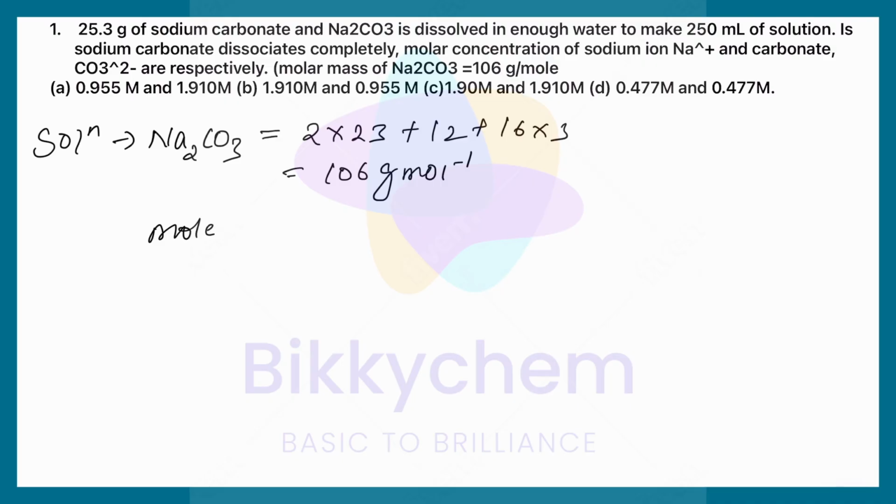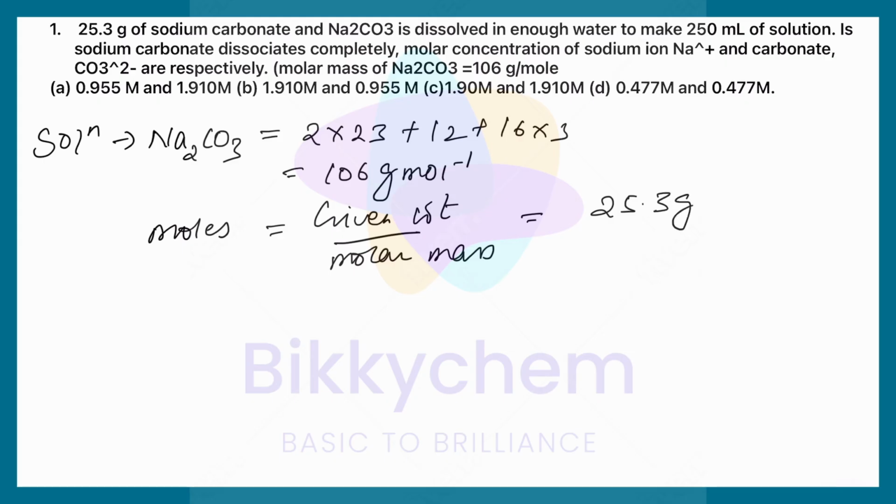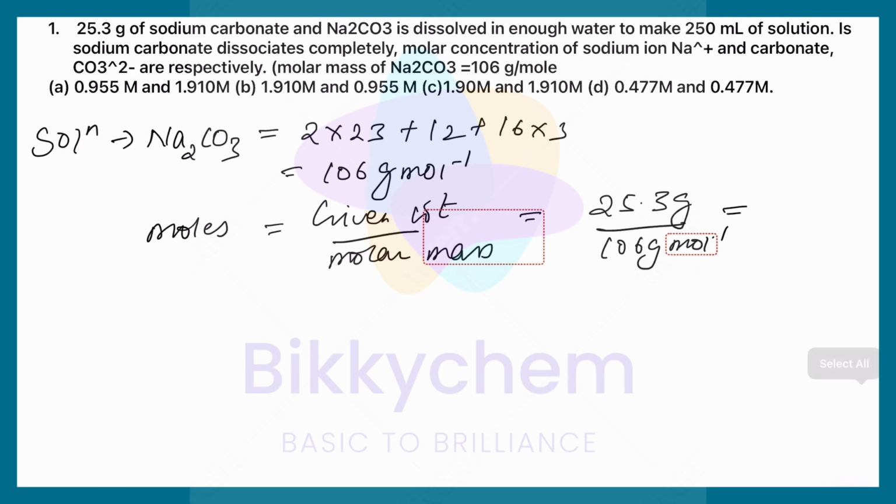So moles will be given weight by molar mass, which is equals to 25.3 gram, the mass of sodium carbonate, and the molar mass is 106 gram per mole. So if we calculate, we will get 0.2387 moles.